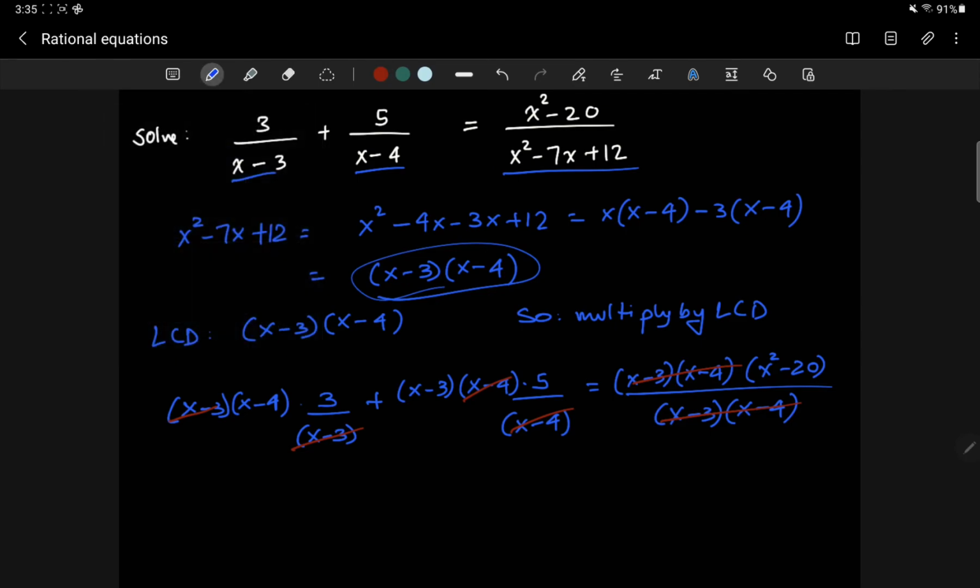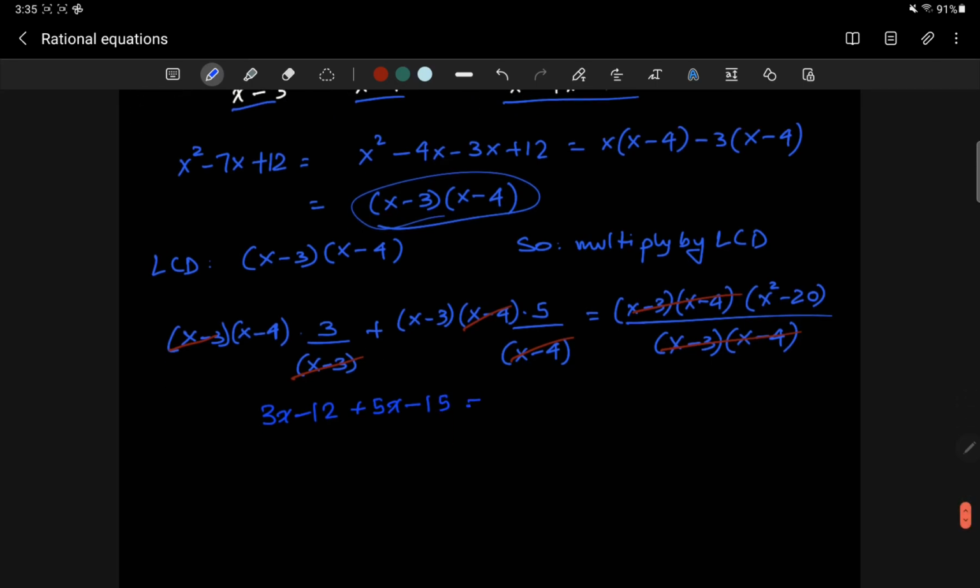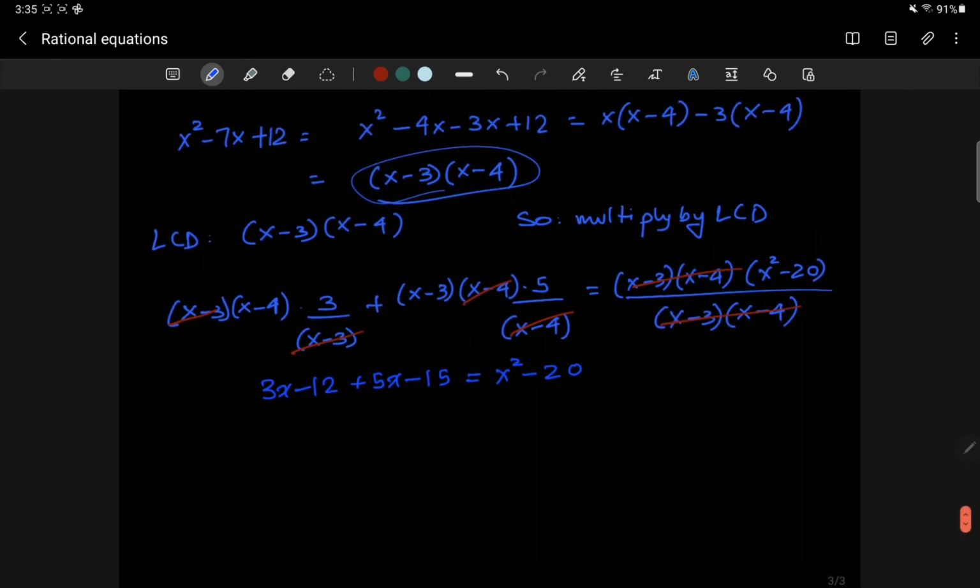The next step, as in previous examples, is foiling. 3x minus 12 plus 5x minus 15 equals x squared minus 20. So I have 8x minus 27 equals x squared minus 20. So let's collect everything to one side. Negative 8x plus 27.